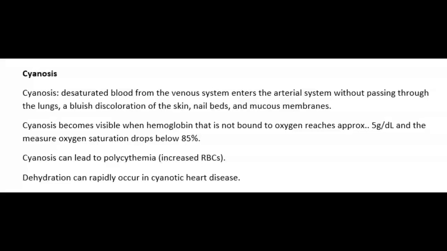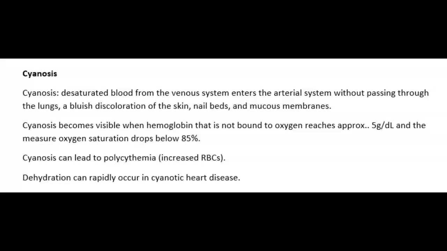Cyanosis can occur when blood flow to the lungs is decreased, such as in severe pulmonary artery stenosis, pulmonary atresia, tetralogy of Fallot, or tricuspid atresia, or when desaturated blood is pumped to the body, such as with truncus arteriosus and hypoplastic left heart syndrome.